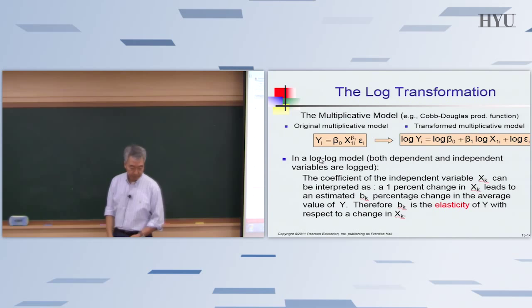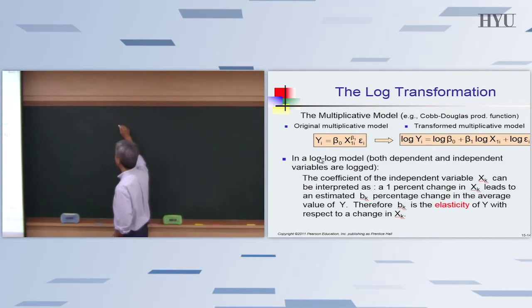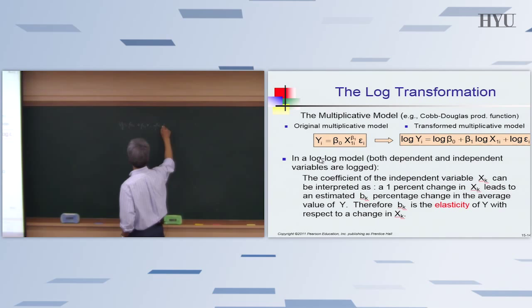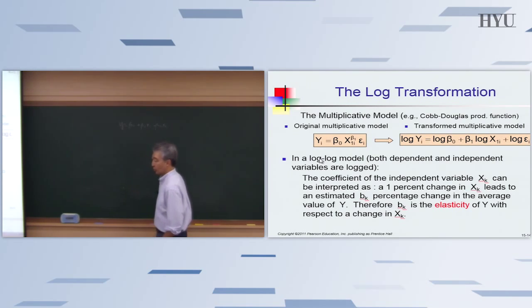So far, we've been talking about a model like this. Y is beta naught plus beta 1 x1 plus beta 2 x2 and so on.